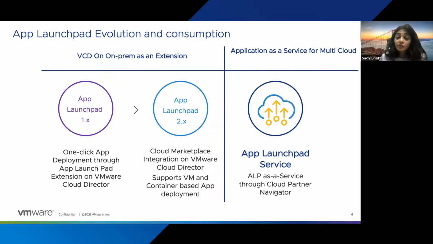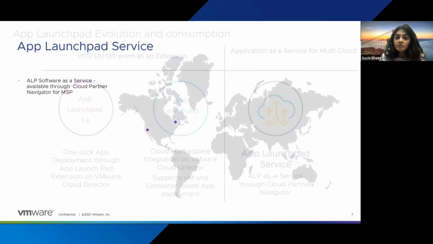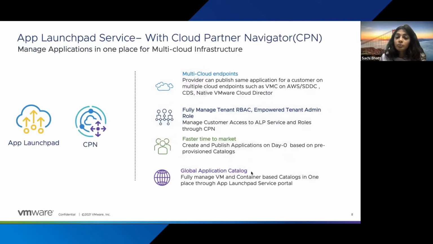That is correct. So we bring in a concept of global application catalog management. Through App Launchpad service, we create a catalog globally, and then we have control over which cloud endpoint you want to synchronize that catalog to.